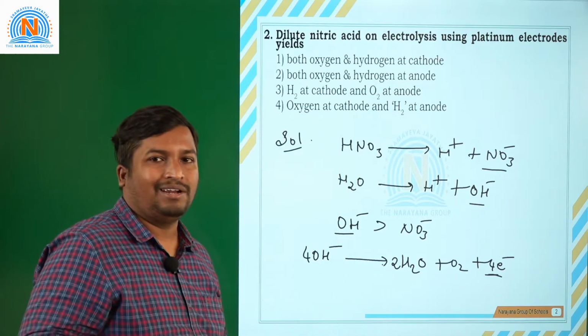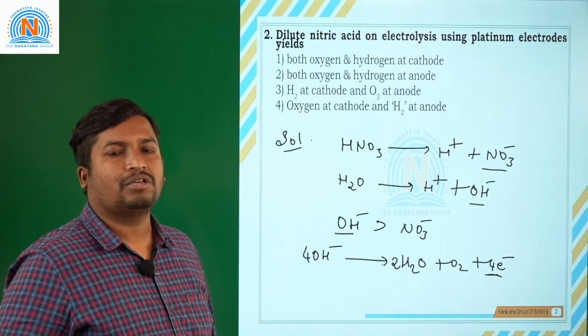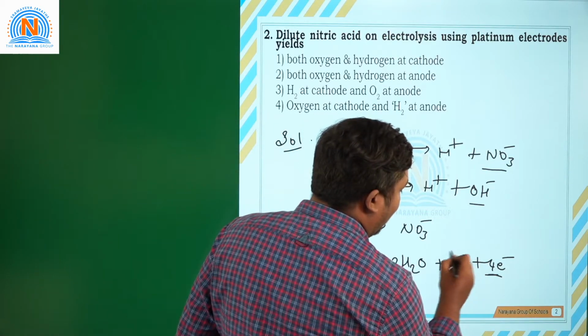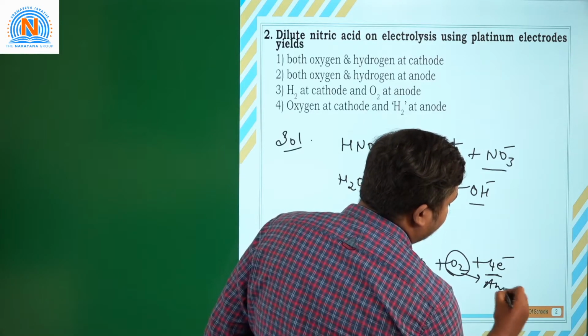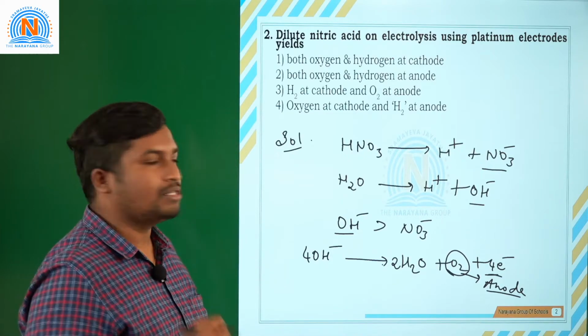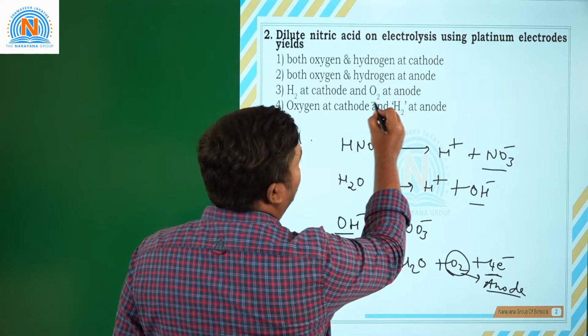When the electrons are lost, the process we call it as oxidation process, and always the oxidation process takes place near the anode. So at the anode you can say oxygen is released. At anode always the process of oxidation takes place. So here in these options you can see O2 is given at anode.